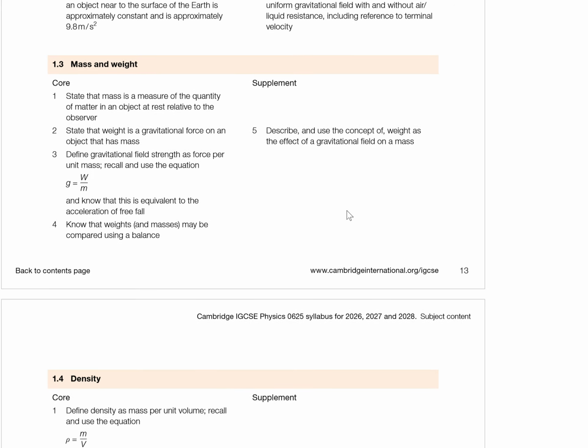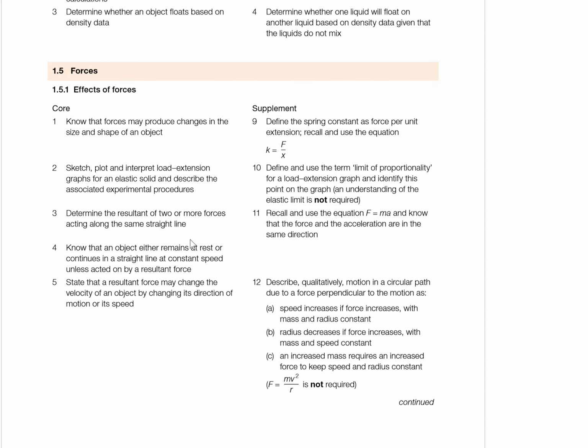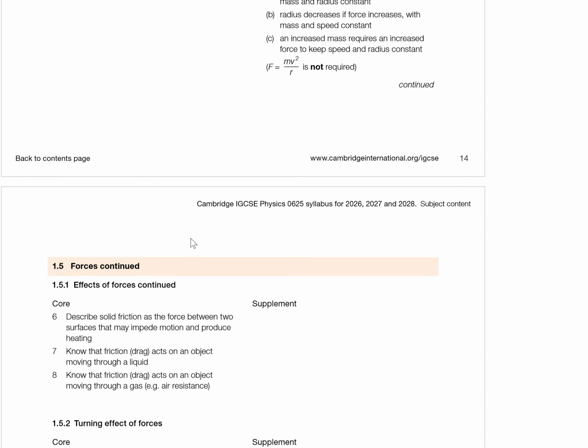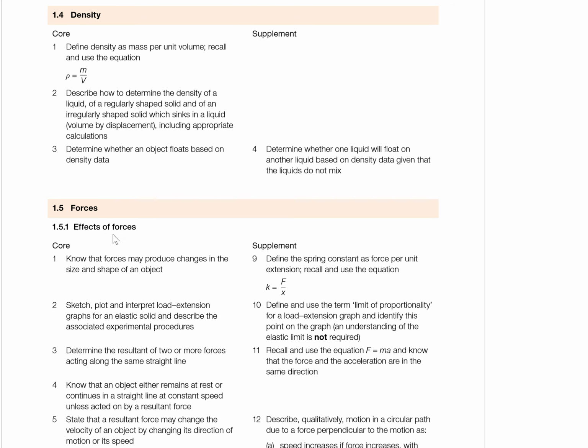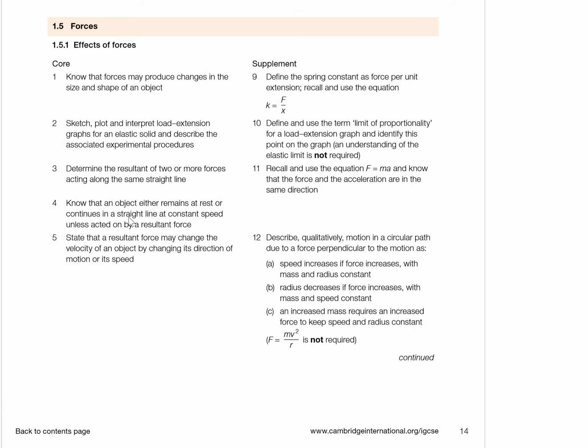Then we have mass and weight, then density, and then forces. So likewise we are going ahead, and even each topic, for example effects of forces, they have made categorically, and in Cambridge they have made sure that it is in a certain sequence, so the student is easily constructing knowledge and understanding.